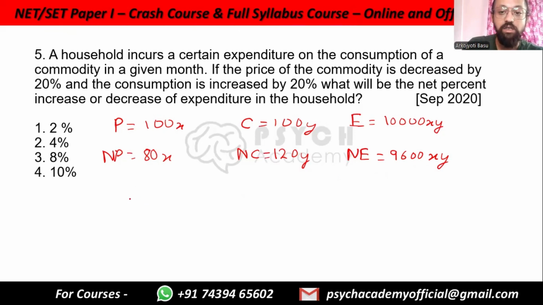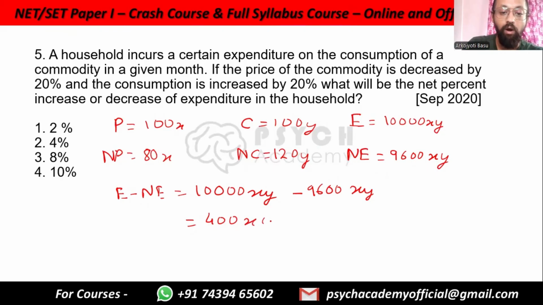So what is the change in expenditure? E minus NE is equal to 10,000xy minus 9600xy, that is 400xy.